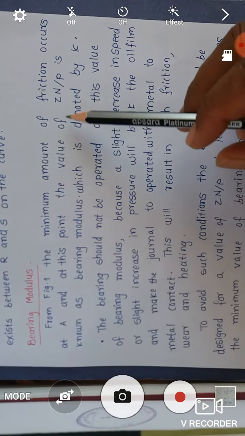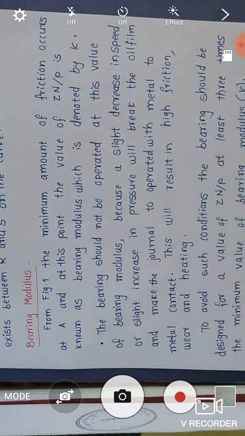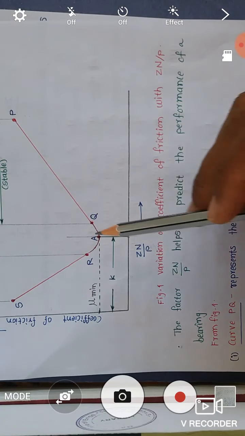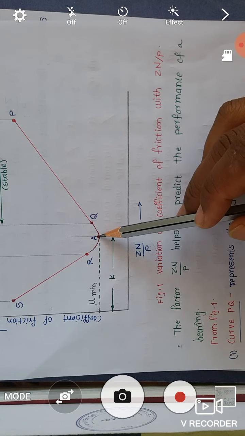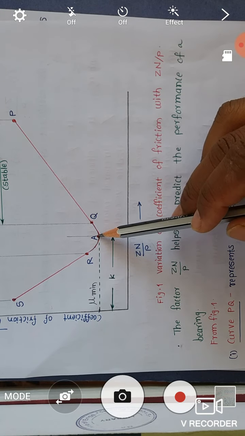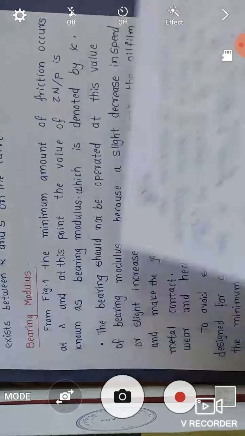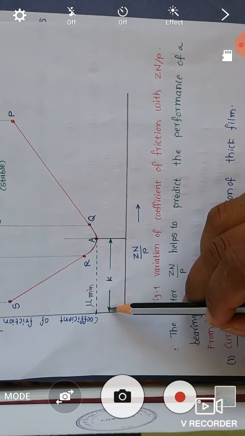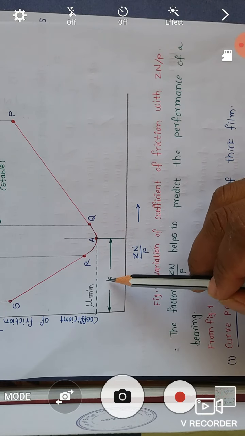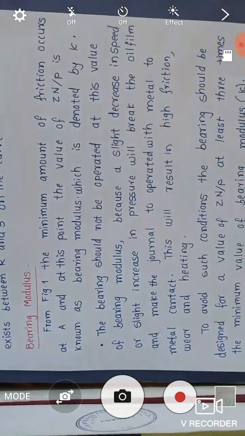At this point, the value of ZN upon P is known as the bearing modulus, which is denoted by K. So the ZN upon P value at location A is called the bearing modulus, indicated with the symbol K from here to here.